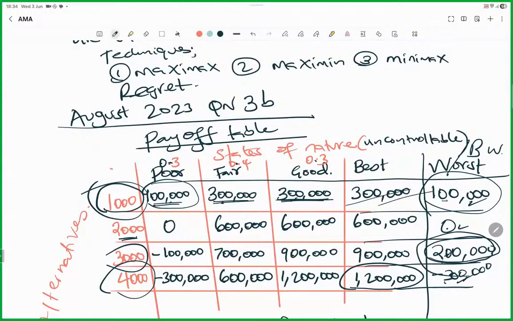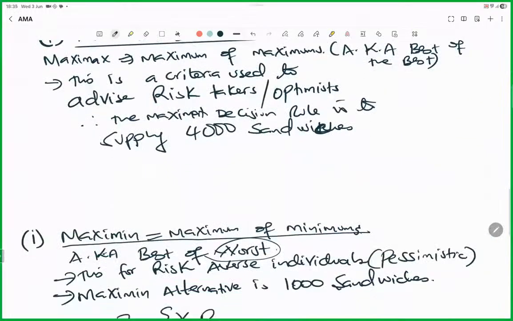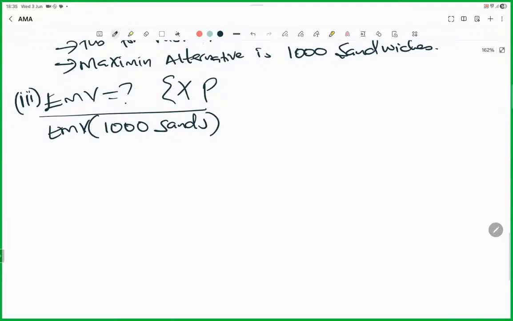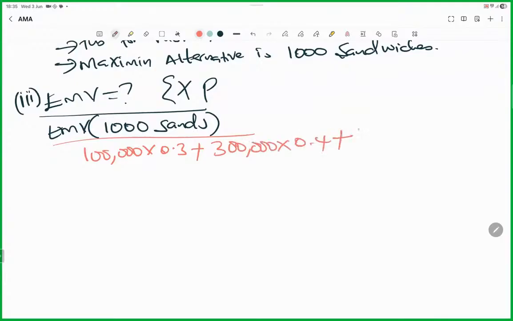Now let us come there. You get expected monetary value for 1,000. So this will be 100,000 times 30% plus 300,000 times 0.4 plus 300,000 times point what here, somebody? 0.3.